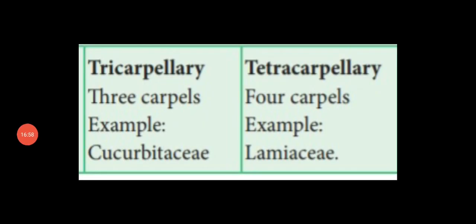Next one, gynoecium with three carpels, that is tricarpellary. Example, Cucurbitaceae. Dear students, if you have a cucumber at home, please take a cucumber and use a knife to cut a portion. See at the center, you can see a three-part partition at the center of a cucumber. That is known as three carpels.